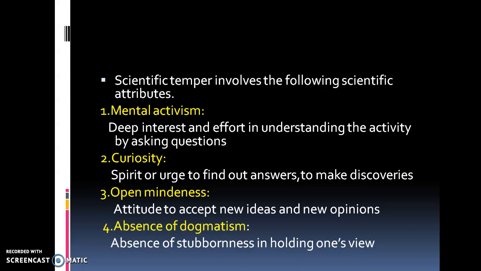Then absence of dogmatism. Do you know what is meant by dogmatism? Dogmatism is a behavior of sticking to only one particular thing. So we have to avoid dogmatism, sticking to a particular thing or view, while following the scientific attitude.